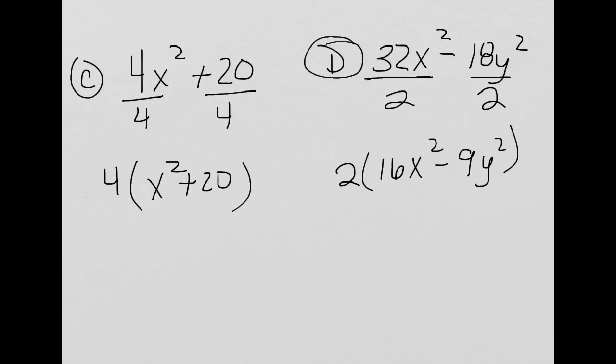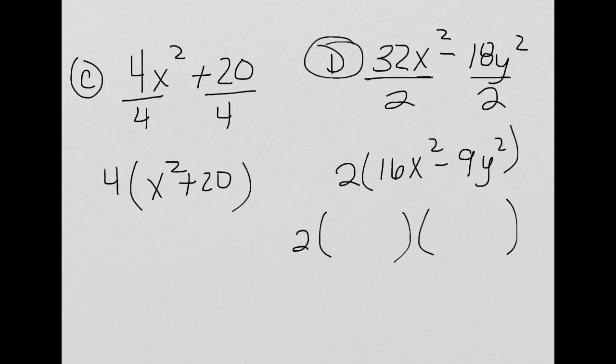So now I'm going to look inside of my parentheses. Is 16 a perfect square? Yes, it is. Is x squared a perfect square? Yes, it is. So I'm going to go ahead and write my first parentheses. Is 9 a perfect square? Yes, it is. Is y squared a perfect square? Yes, it is. So I write my second set of parentheses.